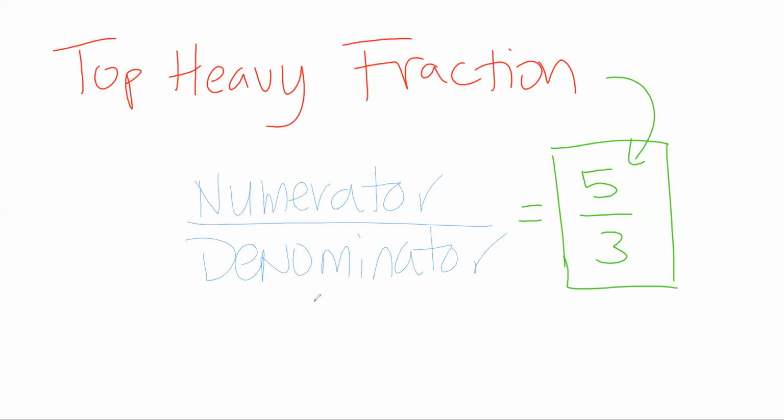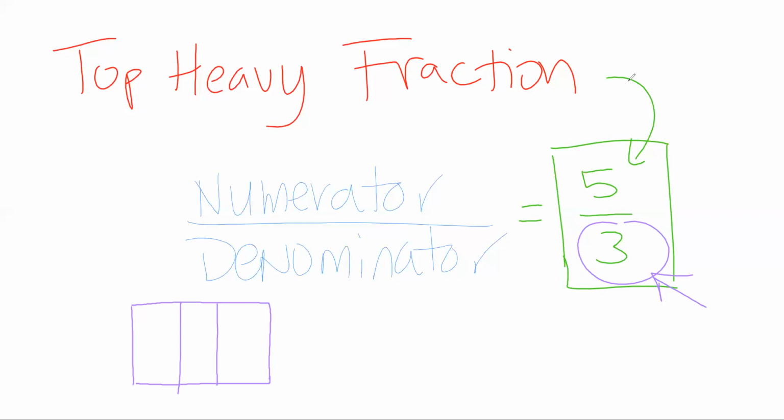So let's break that apart. I have this denominator of 3. Well, the denominator tells me the total. So if I was to do a fractional part, I would have my model, and according to the denominator, I have 3 sections, 3 parts.